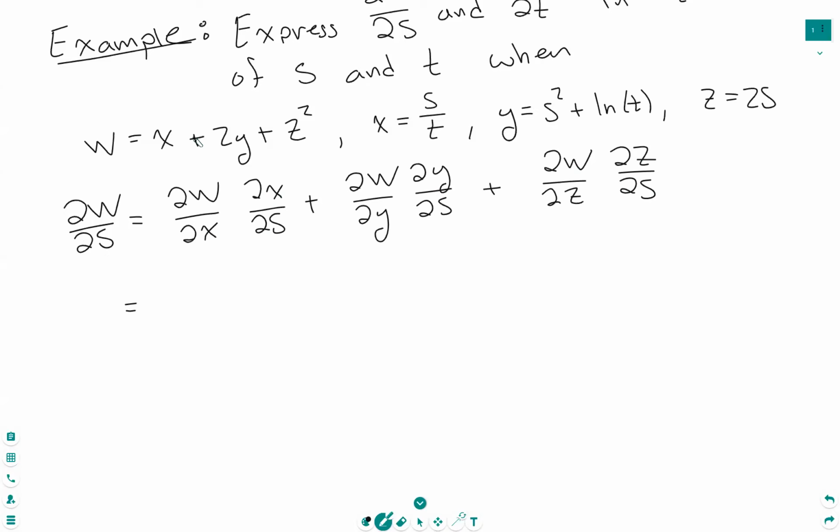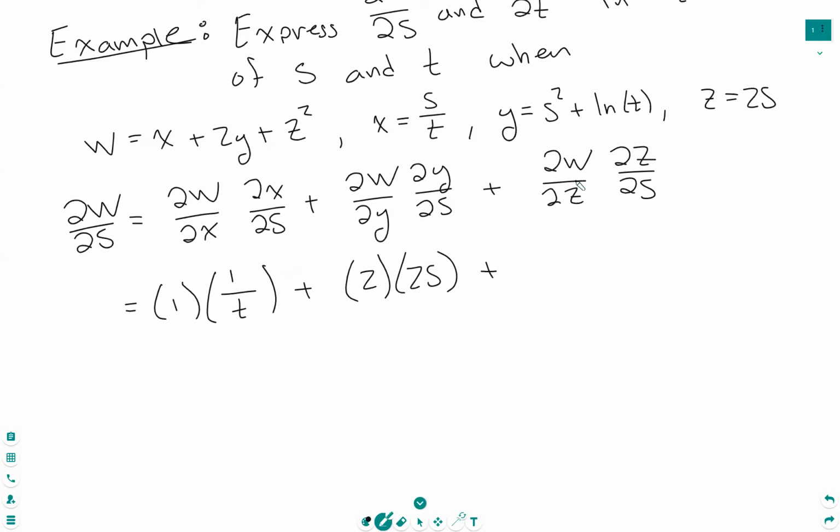So partial w, partial x. If I take an x derivative here, I only get a 1. And then I have to look at partial x, partial s. So I'm taking an s derivative here. This just gives me a 1 over t. Then I take a y derivative of w, so I get a 2, followed by partial y, partial s. This just gives me a 2s.